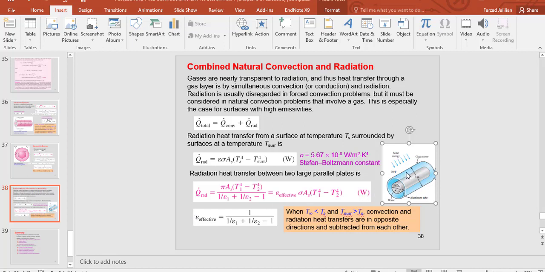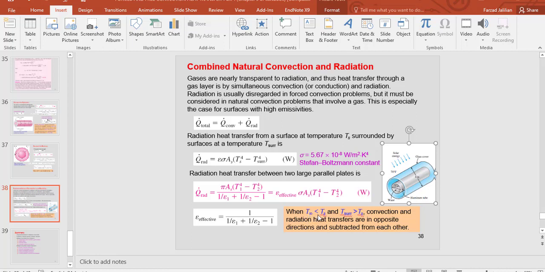And as you can see here, if we have T infinity minus Ts and T surrounding higher than Ts, the convection and radiation transfer will be in opposite directions, and they should be subtracted from each other. In other words, the direction of the heat transfer is important.